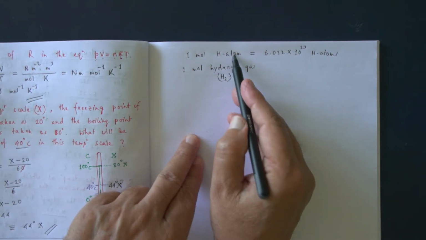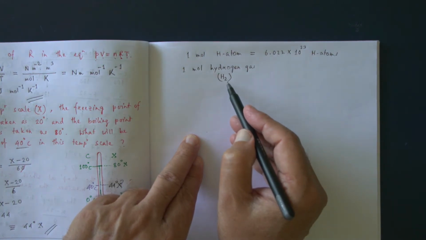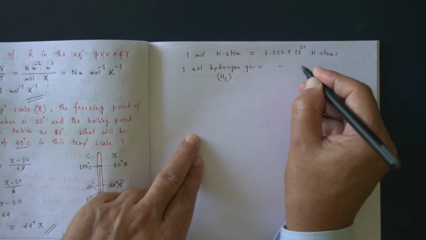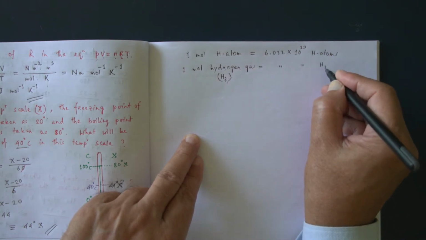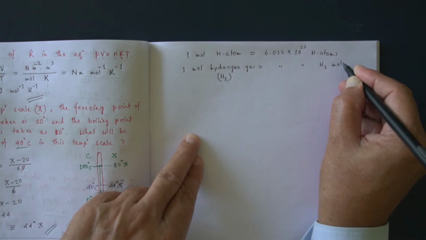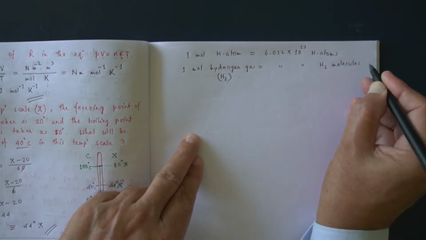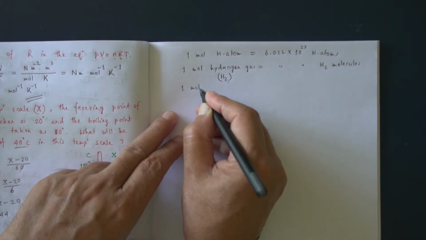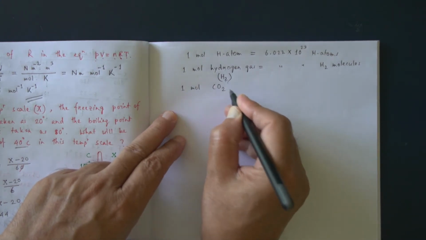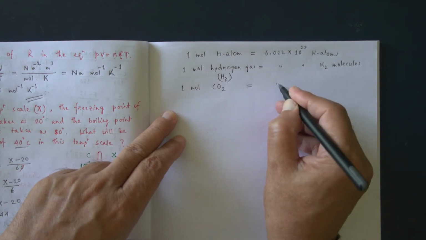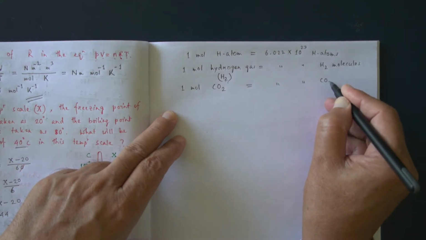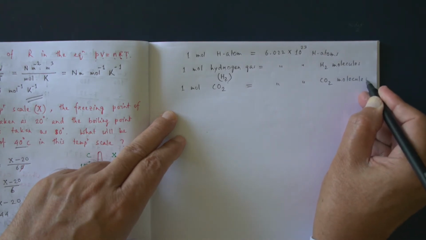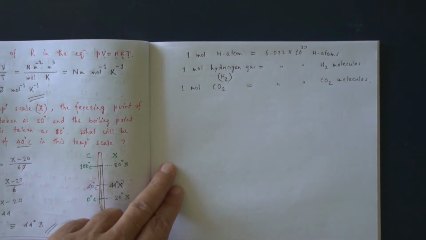So this much hydrogen molecules. Say one mole carbon dioxide, that is equal to this much carbon dioxide molecules, and so on.